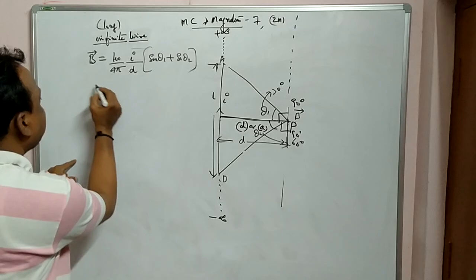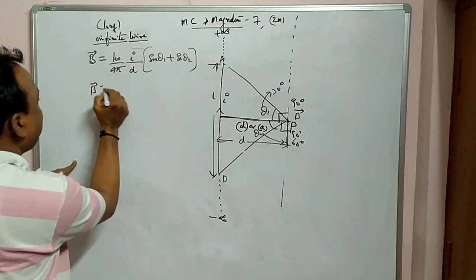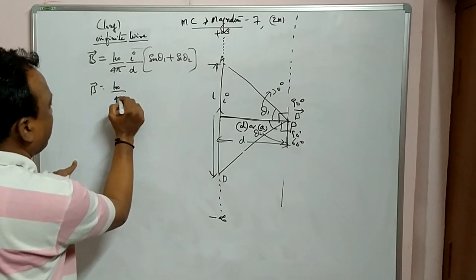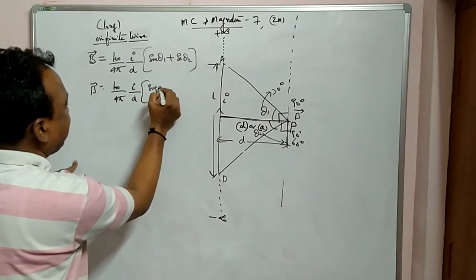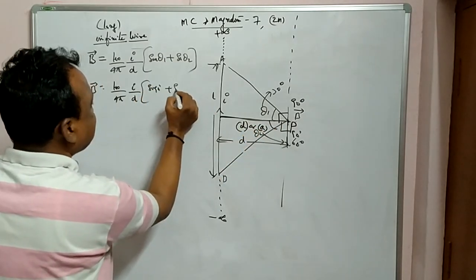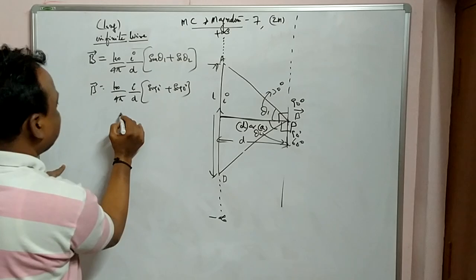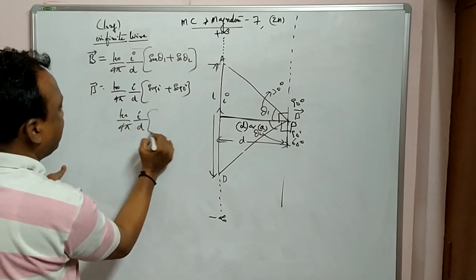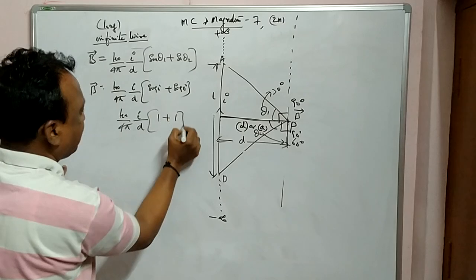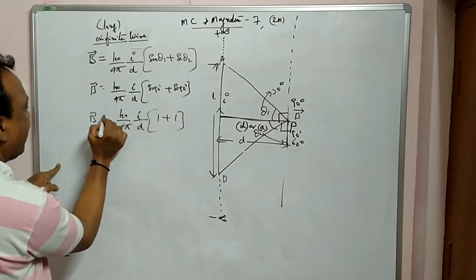So what happens here in this formula? Magnetic field is equal to mu naught by 4 pi, I by D, into sin 90 plus sin 90. So mu naught by 4 pi into I by D into (1 plus 1). That will be the B value.